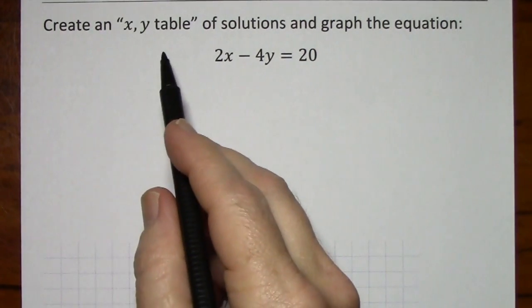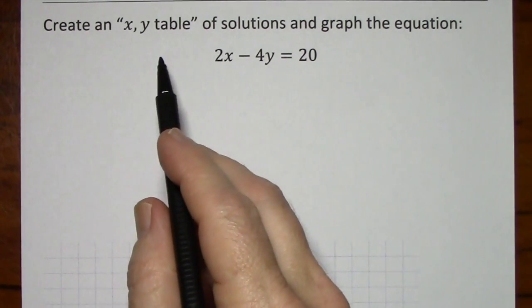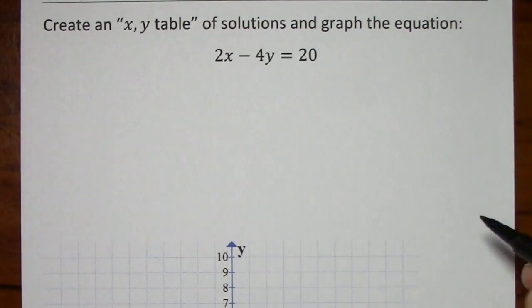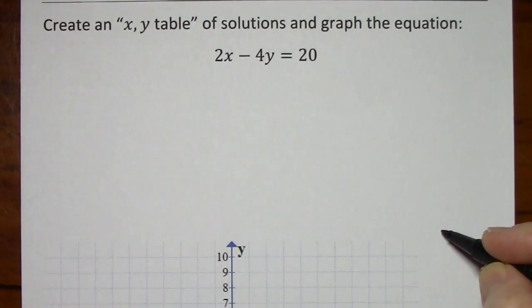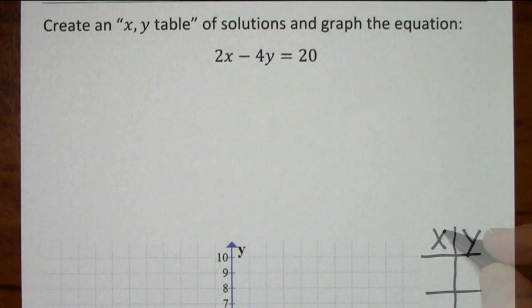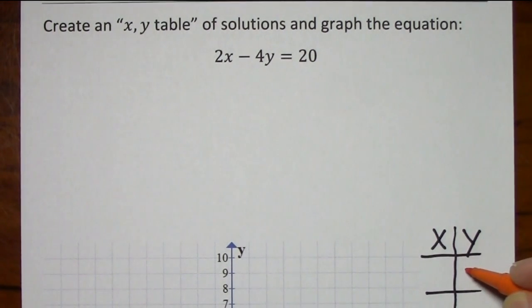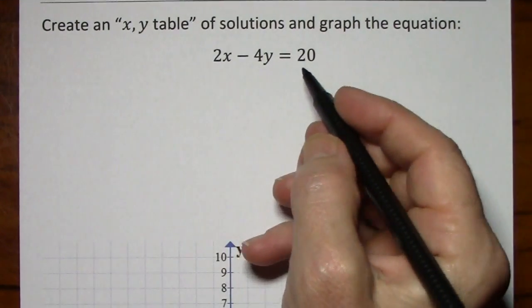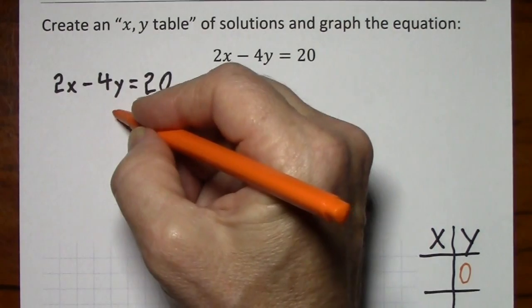All right, we're asked to create an XY table of solutions and graph the equation. So for this equation, I'll put my XY table down here. So first I'll plug in a 0 for y and see what x is. So we take our original equation, plug in a 0 for y.